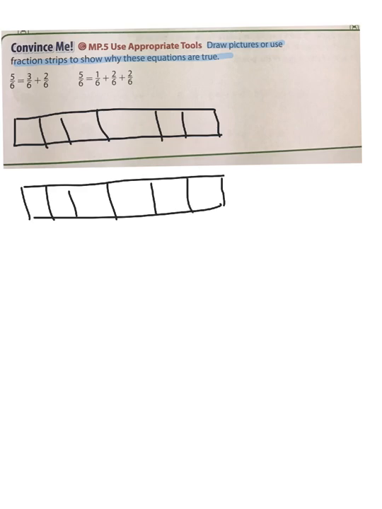They don't look very equal, but let's pretend that they are. So our first fraction we're going to show is 3/6 plus 2/6. So I've got 3/6, 1, 2, 3, plus 2 more. Now if I count up the pieces, I have 5/6. So I just showed this one right here.